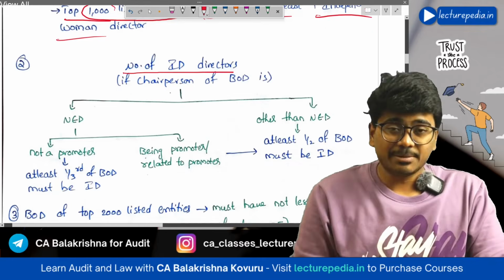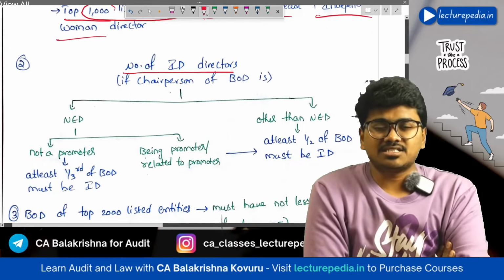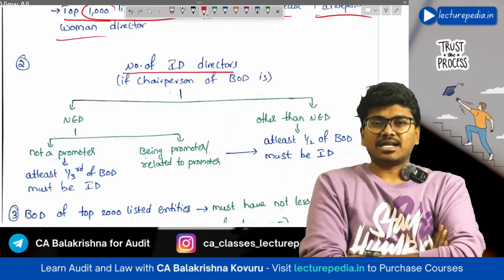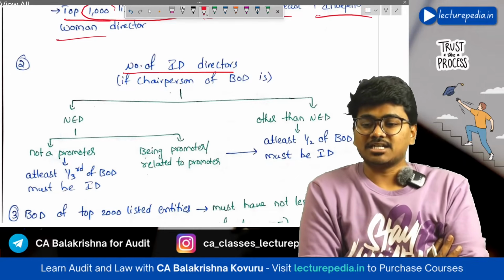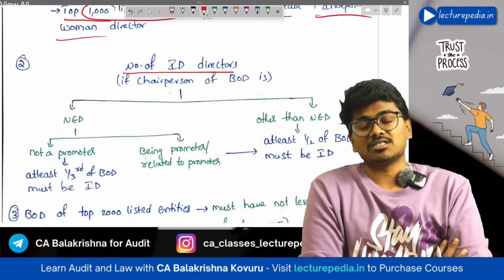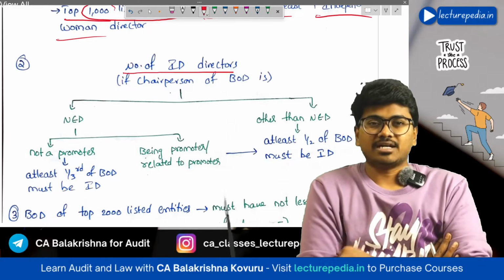Next, number of independent directors. In case of a listed company, how many independent directors have to be there? That will depend on who is the chairperson of the board of directors. Based on that, the requirement of independent directors will change.